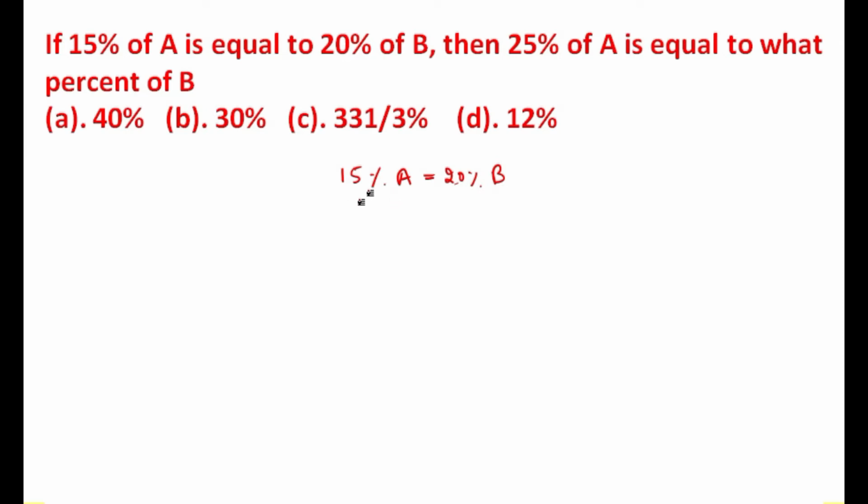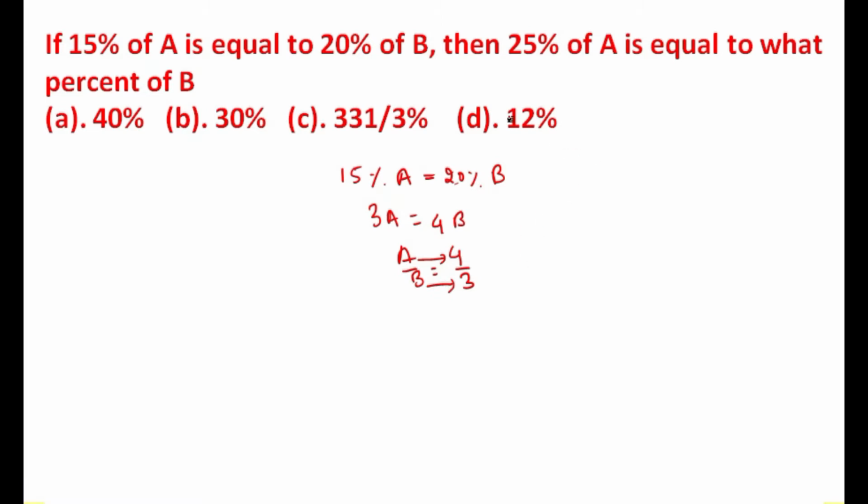Then if we divide by 5, it is 3A equal to 4B, which means that A by B is equal to 4 by 3. We know that A represents 4 and B represents 3.